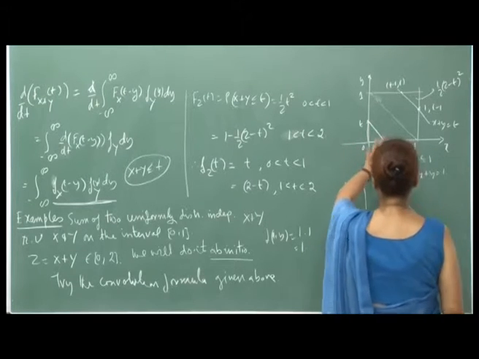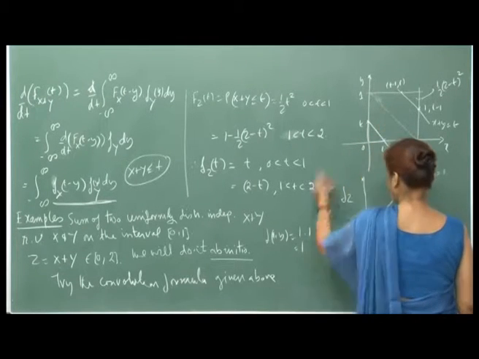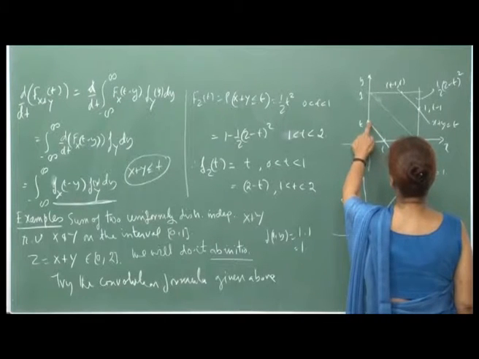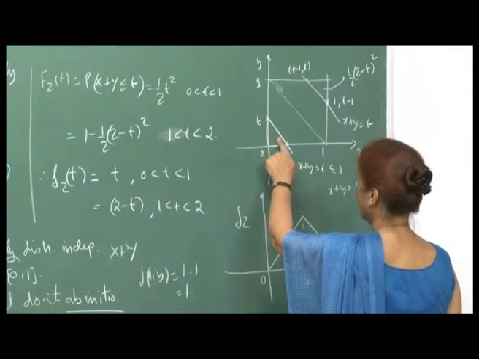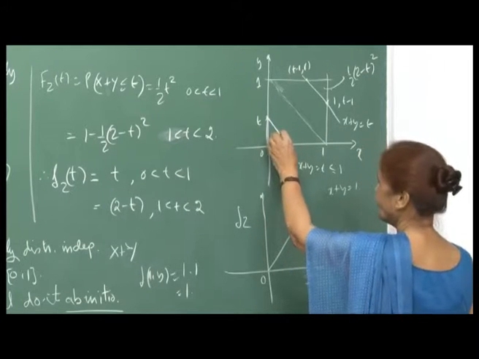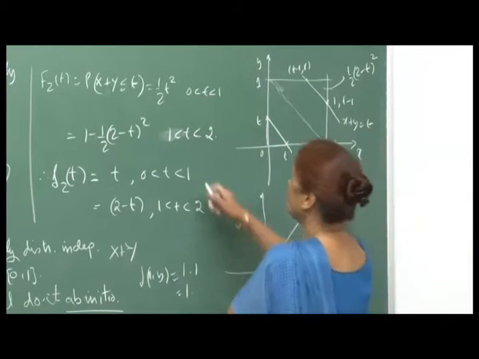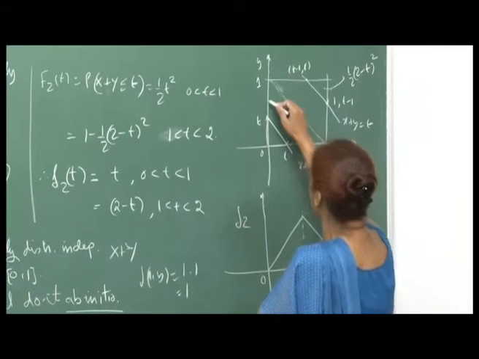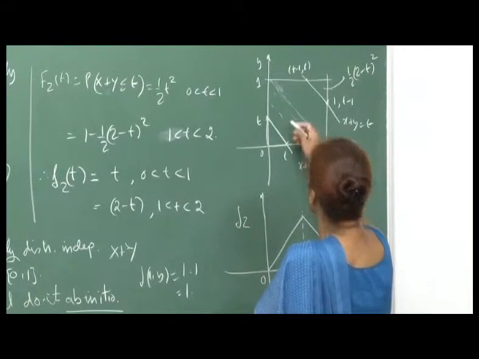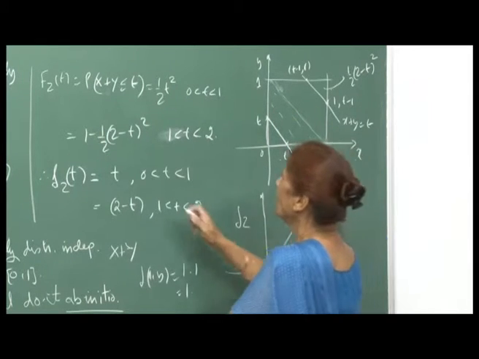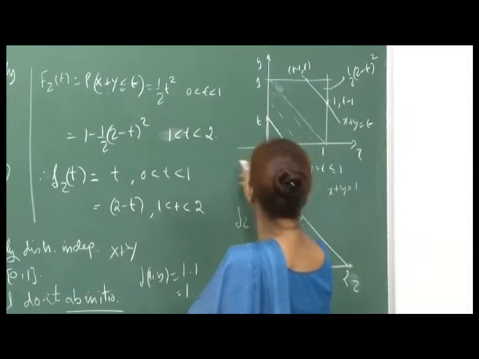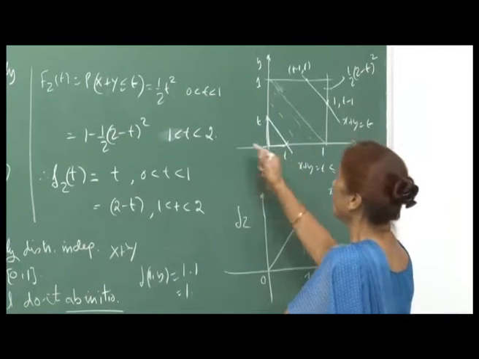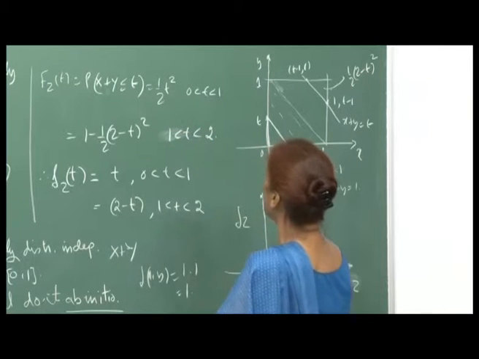So, the mass spread over is uniform, and the area of the valid region would be your probability. As long as t is less than or equal to 1, it will always be the area of this triangle. So, this is half t square, because base and height are both t. So, half t square for 0 less than t less than 1.